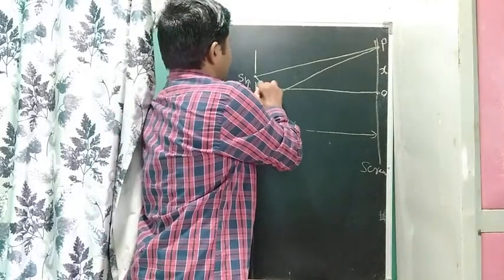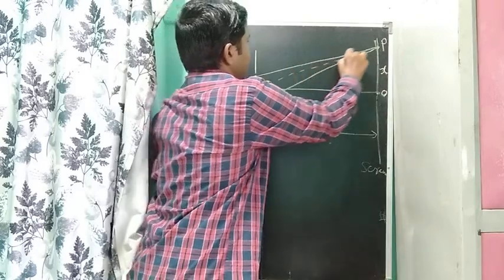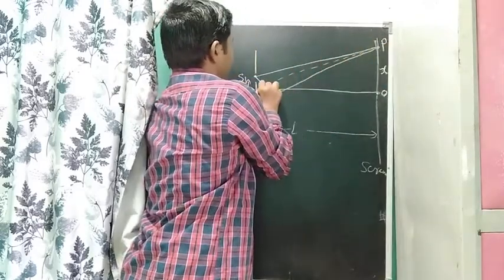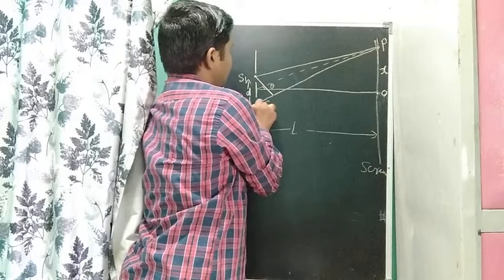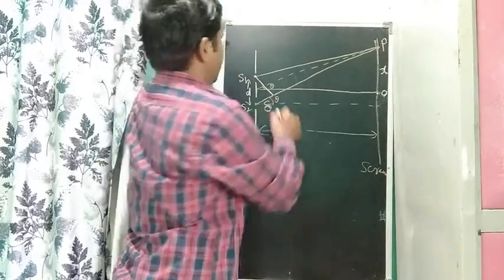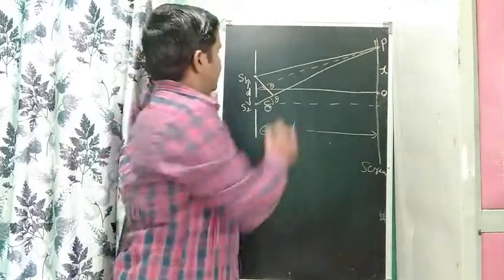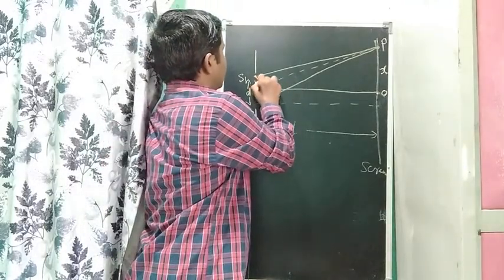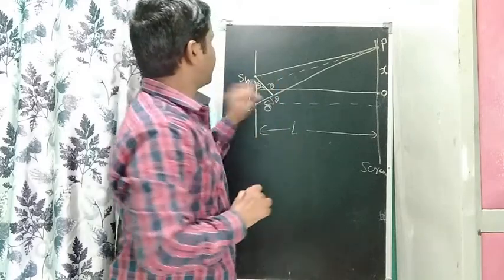These rays make an angle theta with the horizontal. By symmetry, here also it has the same angle theta.